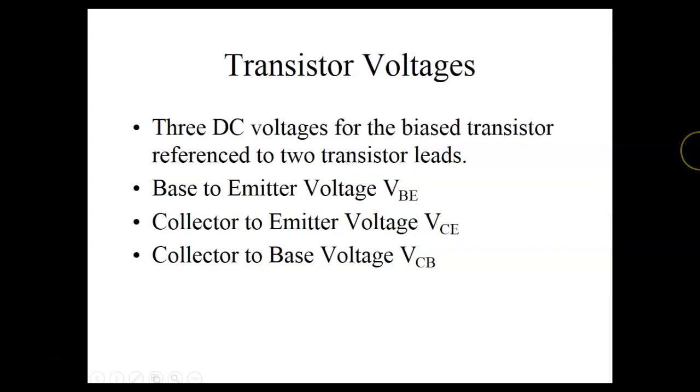The three DC voltages for biasing transistors, referenced to the leads. So this is when we make a measurement between the leads. So base to emitter, and this is where you're going to hook the common of your meter on the one that's on the right.